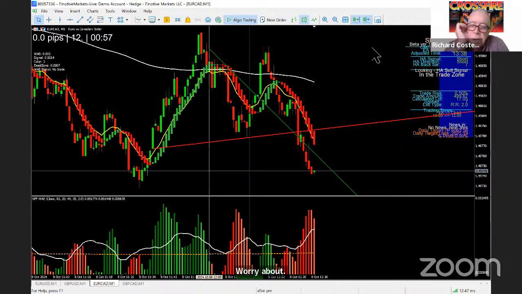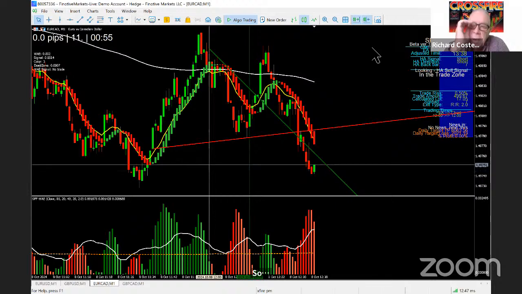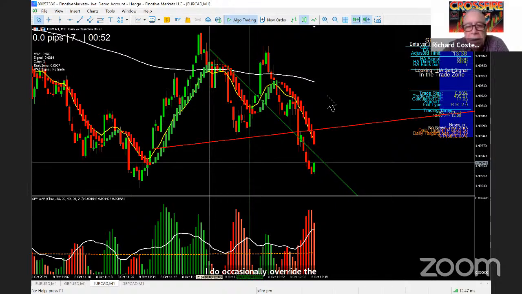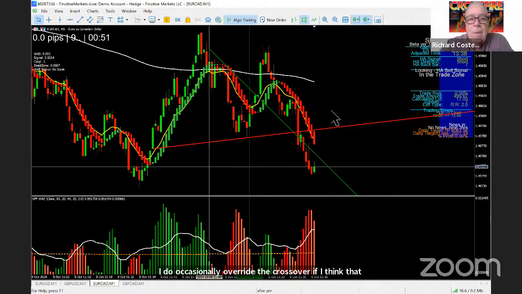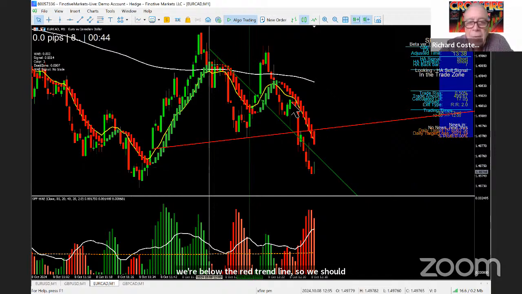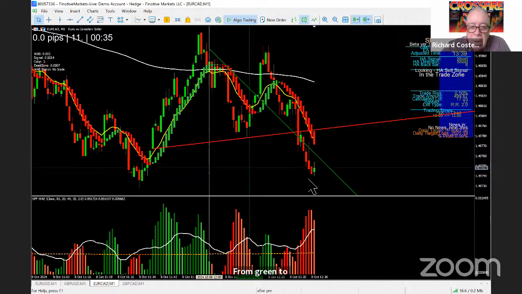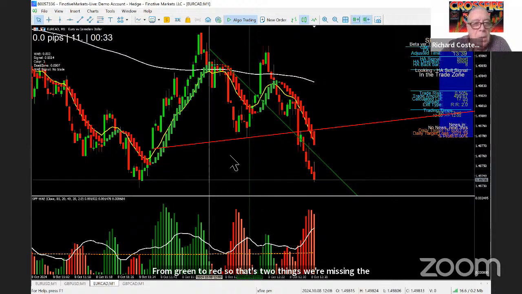I do occasionally override the crossover if I think that everything else is in a row. So we're below the red trend line, so we should be looking for a sell. We have had a recent wave change from green to red. So that's two things. We're missing the moving average, but what does the WAE have to say?